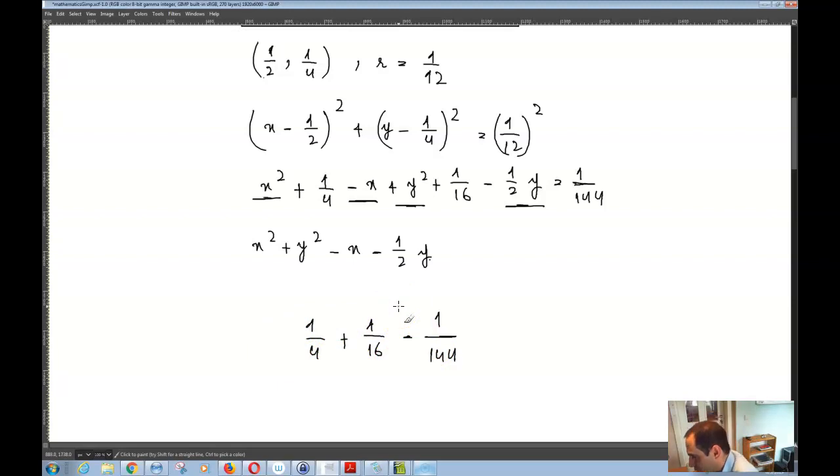Now the LCM over here is the thing we need. This is a good place to practice finding the LCM of these three numbers.